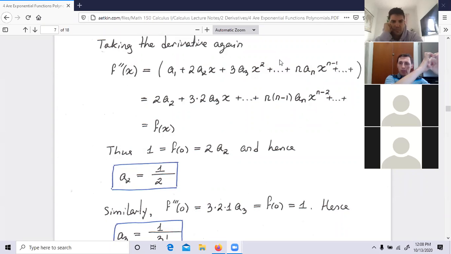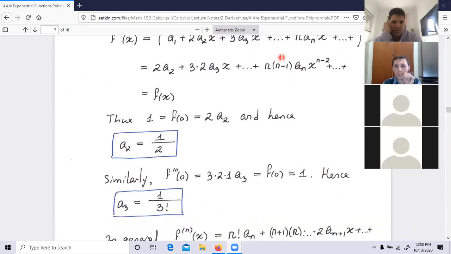I move it closer to the front by taking derivatives, and the function is not changed. Then I plug in 0, and the function at 0 is 1. So what happens? 4 drops, it's now to the 3. Now 3 drops. Now 2 drops. Now 1 drops. And now we have 4 times 3 times 2 times 1 times a4. I plug in 0, I get 1. So I have 4 factorial times a sub 4 equal to 1. Yes, exactly. Makes sense?